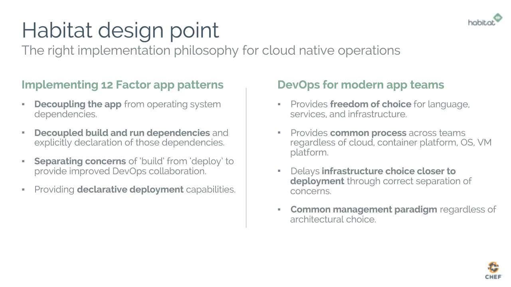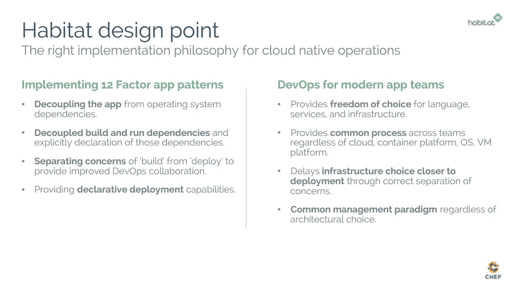You can use your configuration management and the operating systems that have served you well up to this point, but the application now is more flexible and can run on whatever operating system you need it to. We're also decoupling build and run dependencies, by having you explicitly declare those dependencies and then building an artifact that only has what your application requires to run successfully in production.